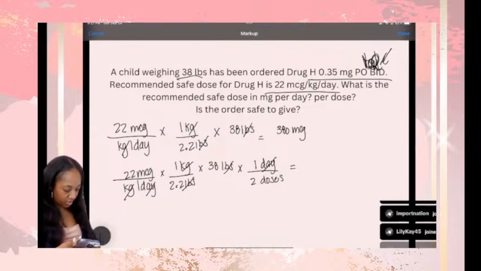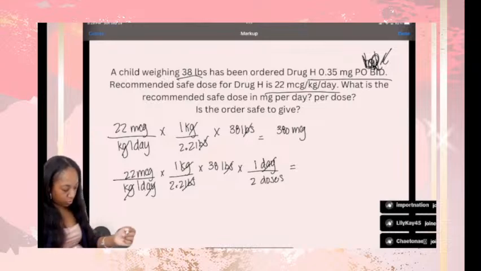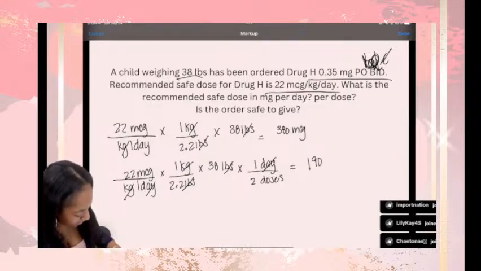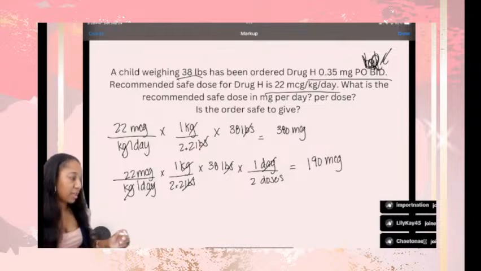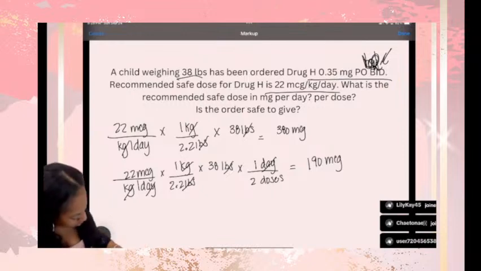So 22 times 38 times 1 divided by 2.2 divided by 2. So that's 190 micrograms that they are to receive per dose. So I need to put per day right here, per dose right here.